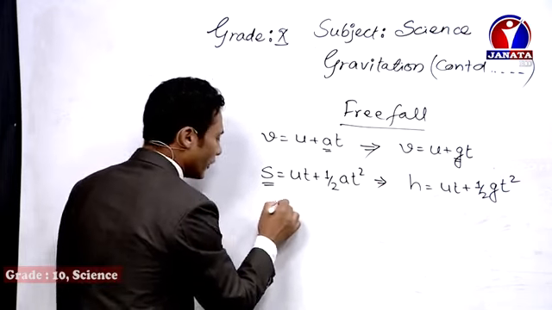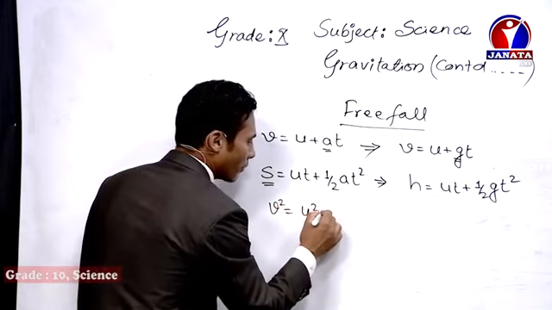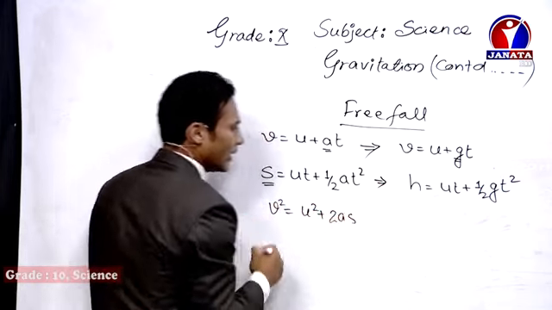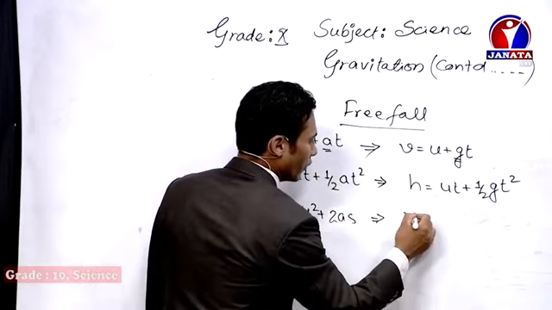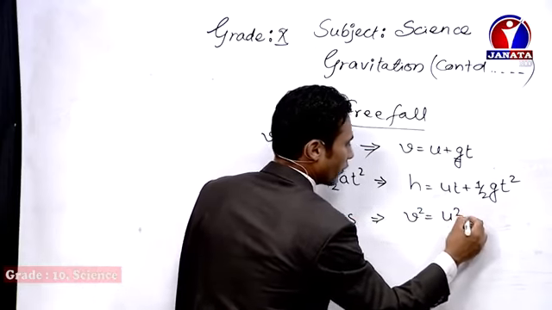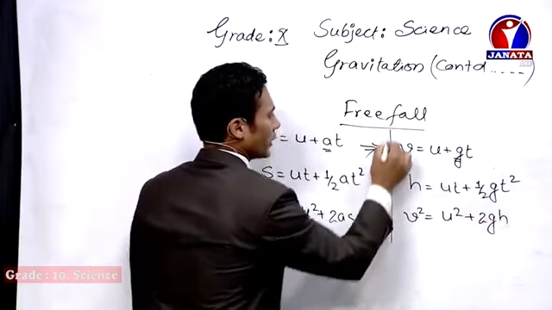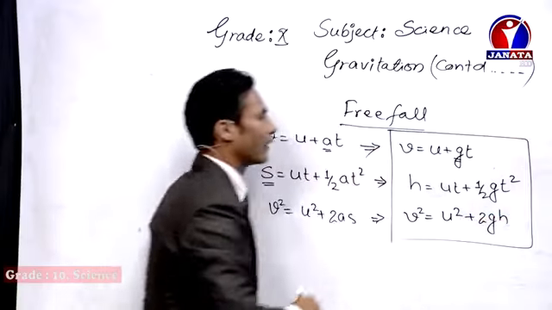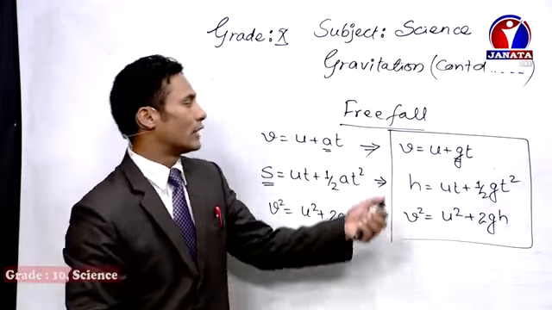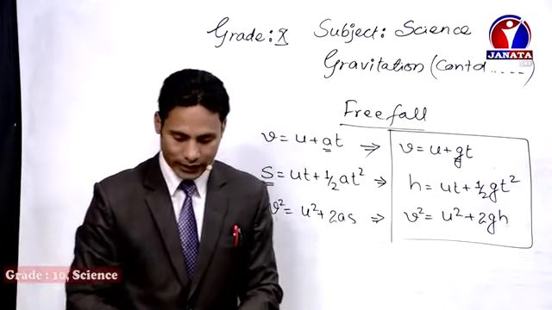And the last one is v square equals u square plus 2as, and this is modified into v square equals u square plus 2gh. So these equations can be used for problems related to the freely falling object.